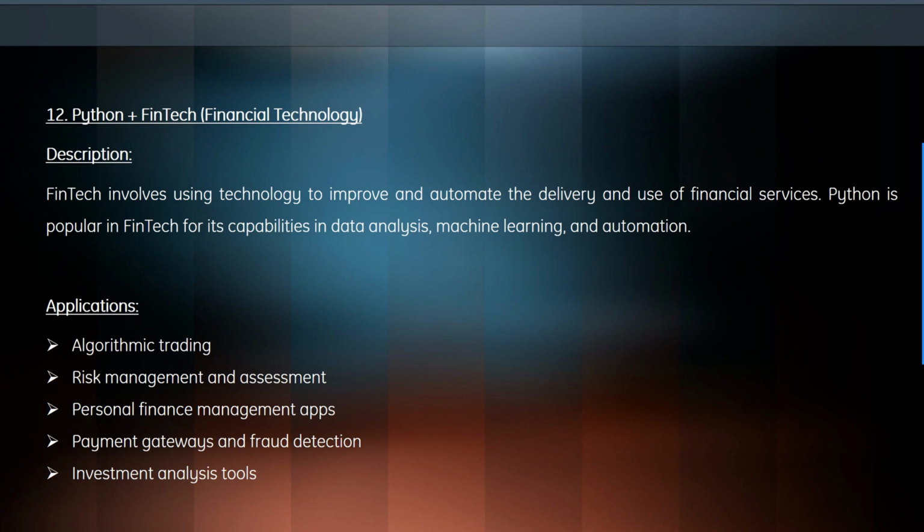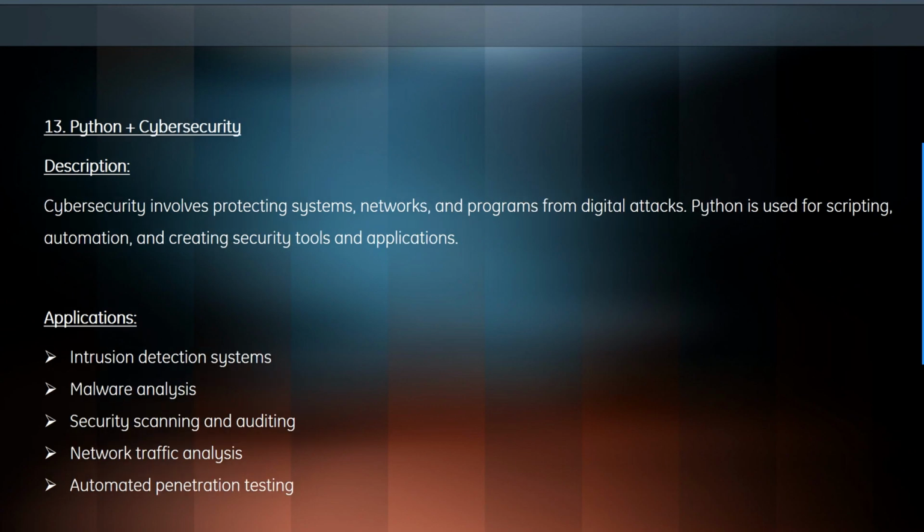We have algorithmic trading, where the algorithm predicts the best trading opportunity for you to invest in, etc. We have risk management and assessment, personal finance management apps, payment gateways and fraud detection, which includes PhonePe, Google Pay, which we use on a daily basis, and investment analysis tools. Again, this is similar to algorithmic trading.